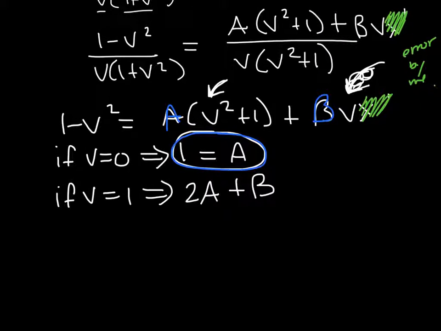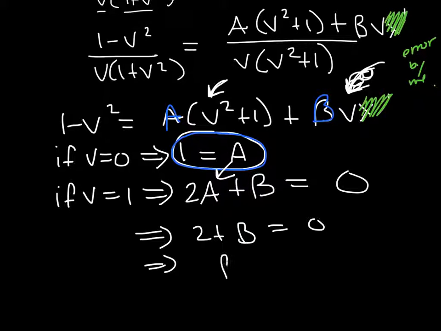Okay, so then we're left with our b, and if I insert my 1 in here, I get 1 minus 1, which is 0. And then we know what a is, right? A is 1, so it's just 2 plus b equals 0. Therefore, b must be negative 2.